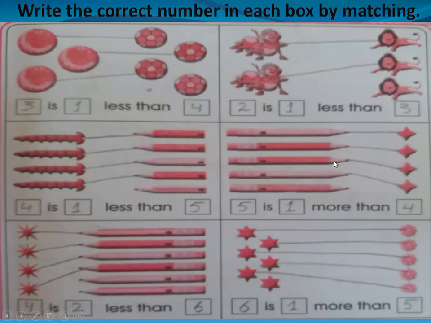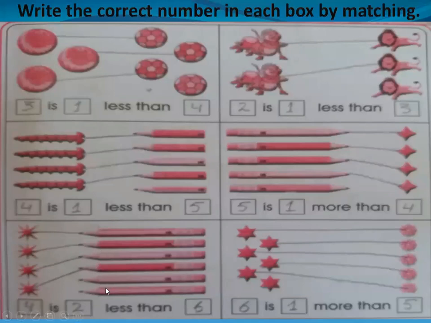Okay. Here we see the opposite. How many pencils are here? We see here 5 pencils. The 5 is 1 more than these 4. So 5 is how many more? 1 more. We see here the 1 is left. So 5 is 1 more than 4. Okay, next one.